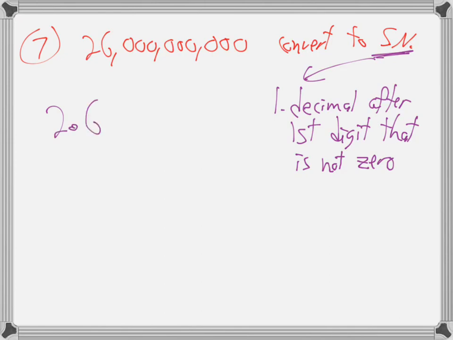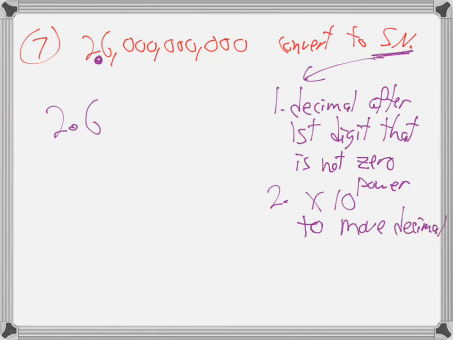We put the decimal right here, and then times 10 to some power to move the decimal back where it really belongs. So you're tracking with me? So that's scientific notation. Decimal after the first digit that's not 0 times 10 to some power.